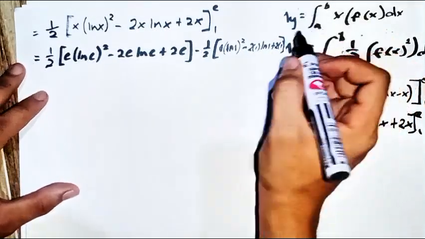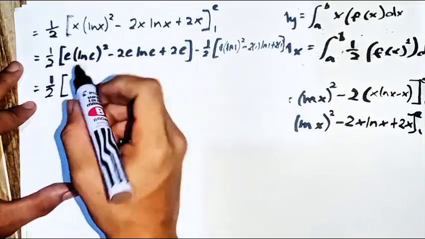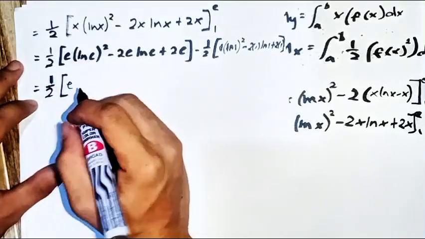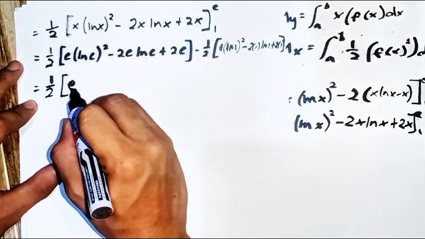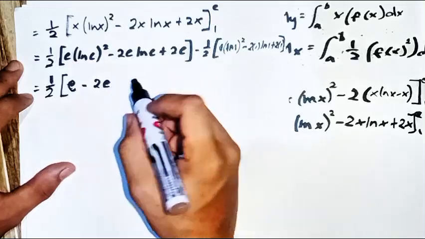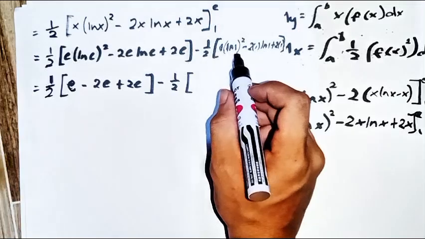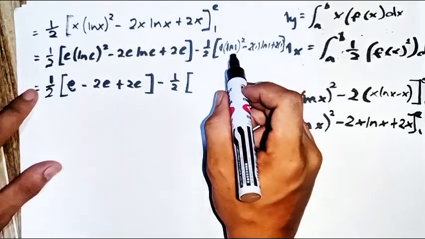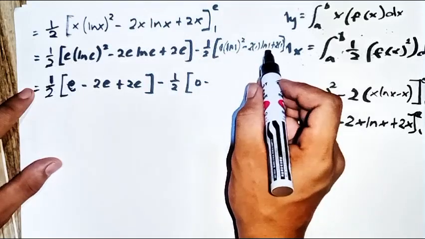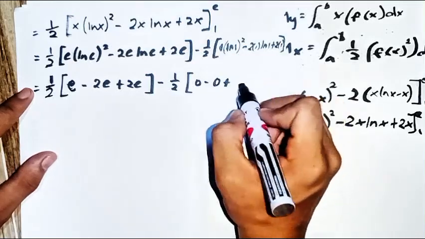So let's simplify it. Copy 1/2, copy e, since ln e is 1 and 1 squared is 1. Minus 2e ln e, since again ln e is 1, it will remain 2e, plus 2e, minus 1/2. ln 1 is equivalent to 0, and 0 squared is 0, and 0 times 1 is 0, minus 2 times 1, which is 2, and ln 1 is again 0, so 2 times 0 is 0, plus 2 times 1, which is 2.